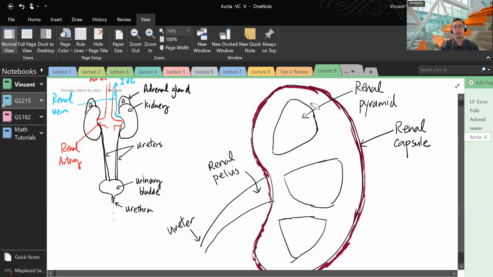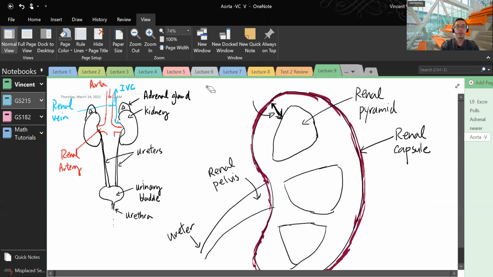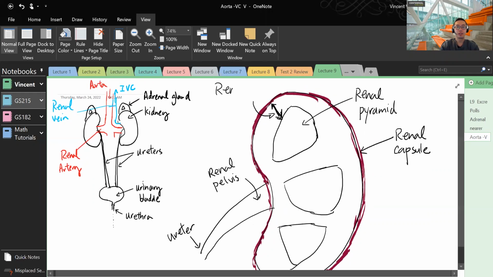So earlier I mentioned the outer part of the kidney is called the renal cortex. The outside of an organ is often called the cortex. Remember the cerebral cortex, for example.